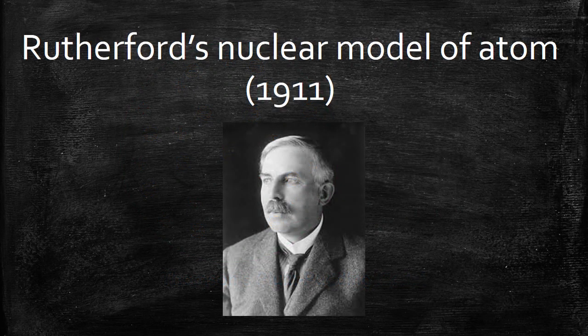We have Rutherford's nuclear model of atom, 1911. Rutherford studied the inside of the atom by his celebrated scattering experiment and put forth the nuclear model of atom in the year 1911.